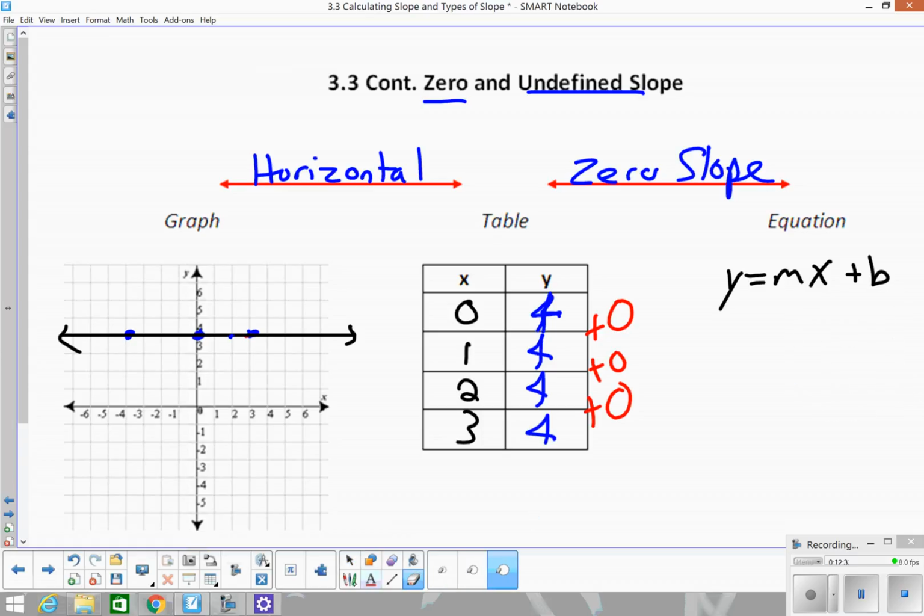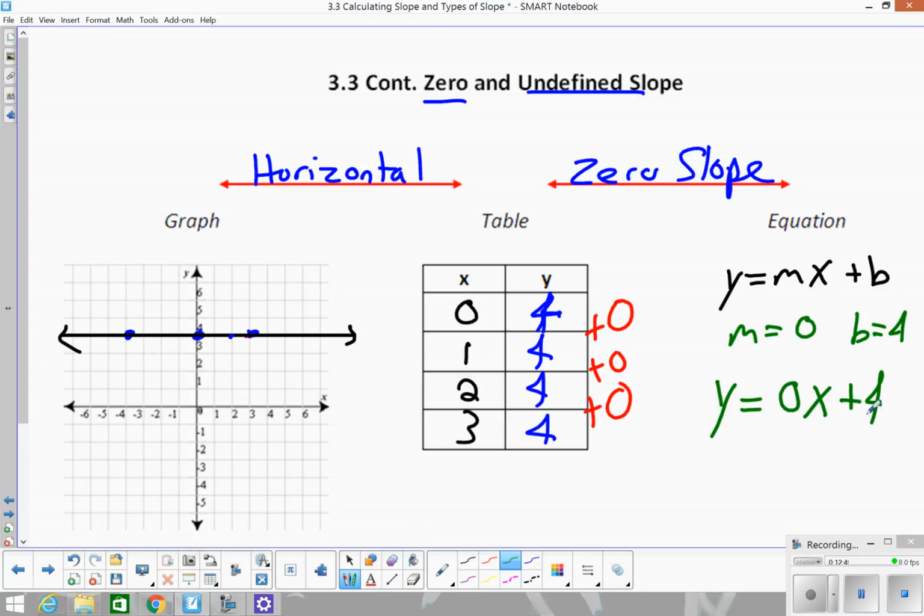My y-intercept is 4. And my slope is 0. So if my slope is 0 and my y-intercept is 4, all I'm going to do is plug in. So it's going to say y equals 0x plus 4. Okay. Now if you wrote that, I'd give you credit.